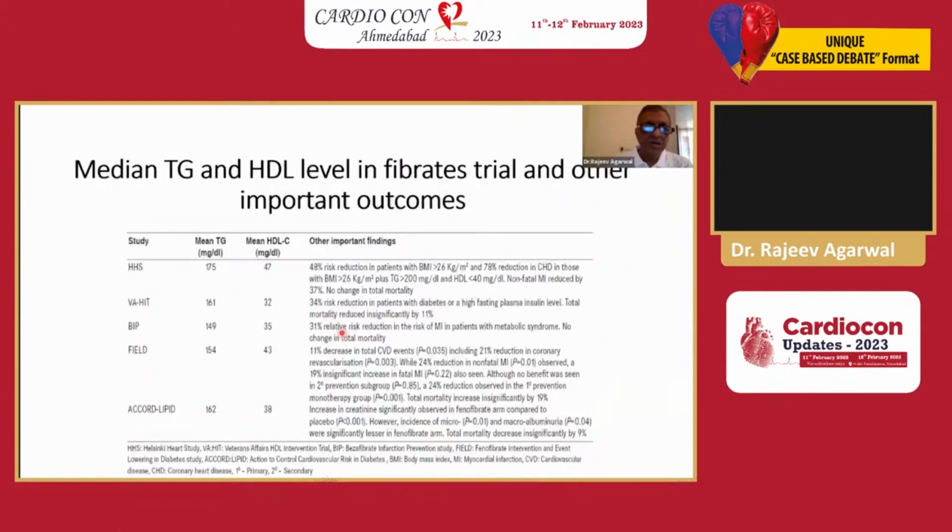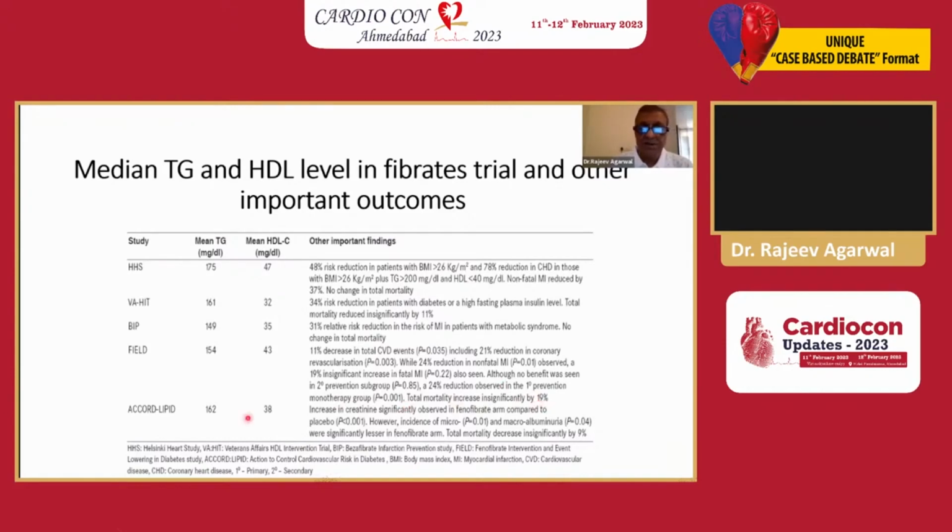This is, in a nutshell, all the TG lowering trials so far. Many of you must have seen the presentation of FIELD and ACCORD. FIELD was again a statistically non-significant trial, and the total mortality increased by 19%, but insignificantly.